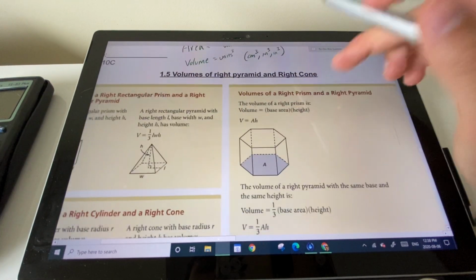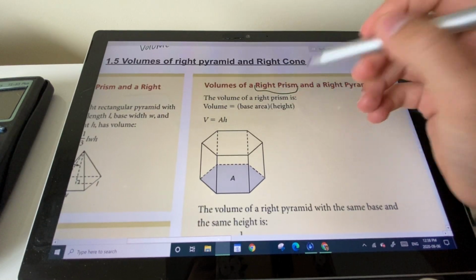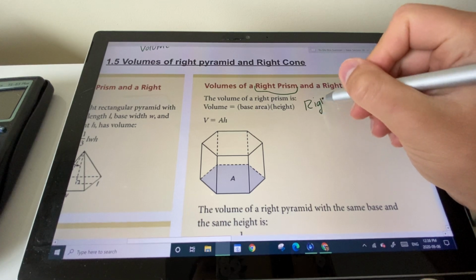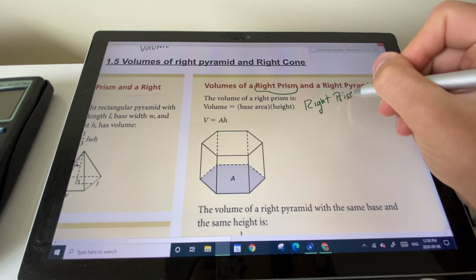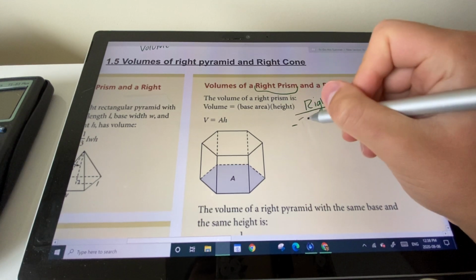Now, when we're talking about prisms, a right prism, it's important to understand what a right prism means. A right prism is simply something where the top shape is exactly the same as the bottom shape.